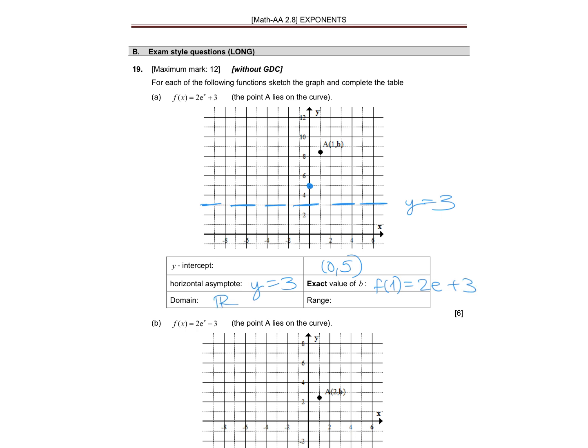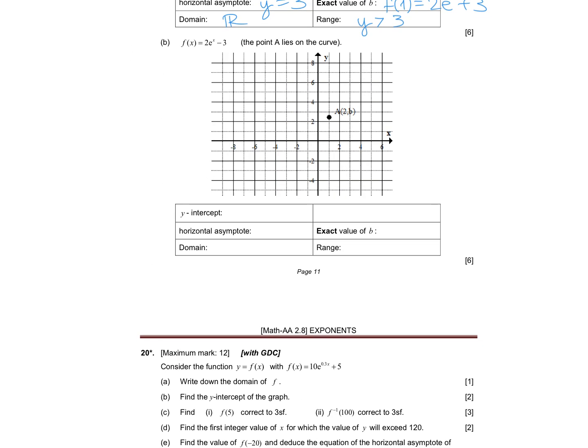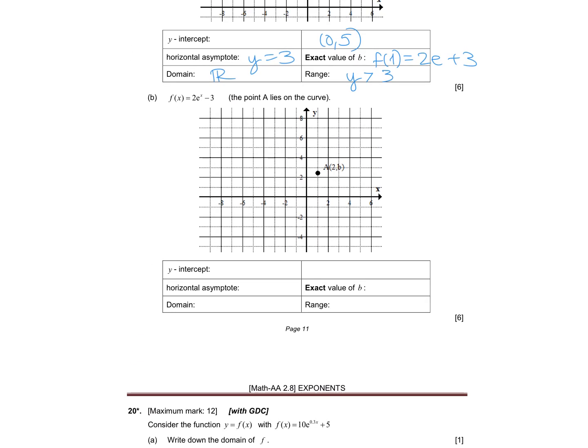Domain is all real numbers. Range is y greater than 3. So we can just do like this, something like that, okay? B, all right, so -3, that's going to be our asymptote. Y-intercept is at -1 when we substitute in 0.